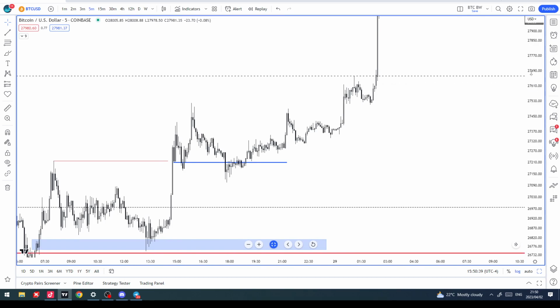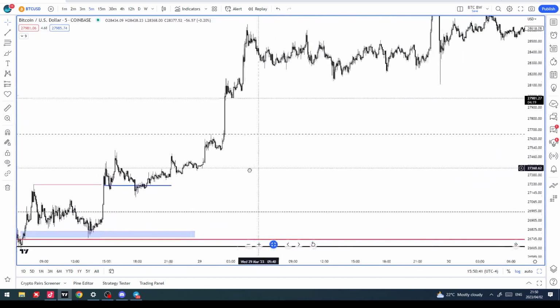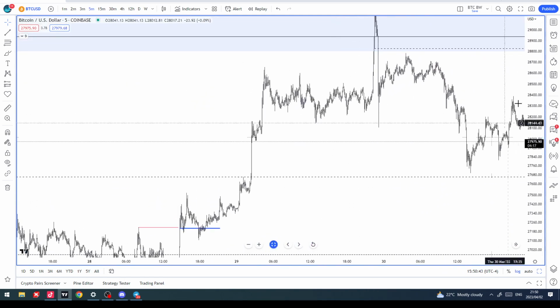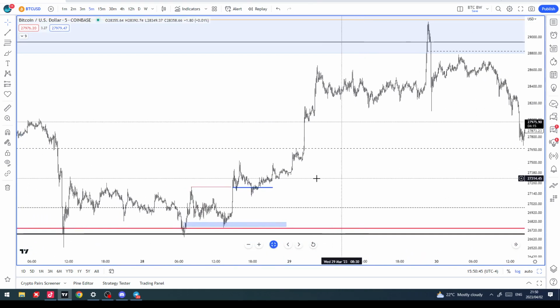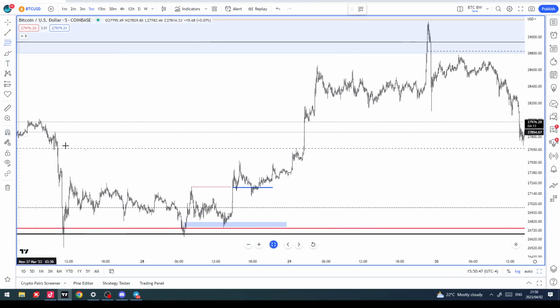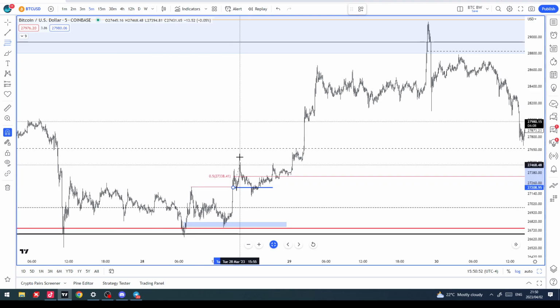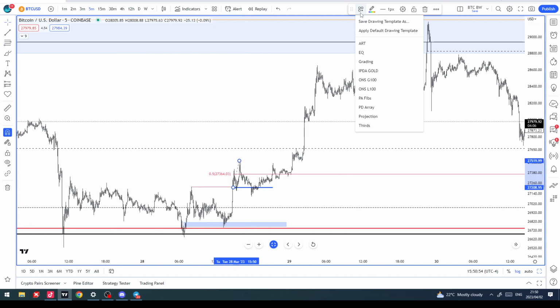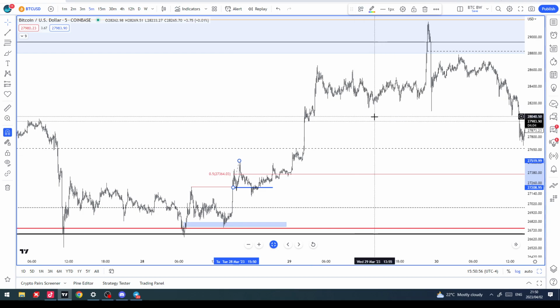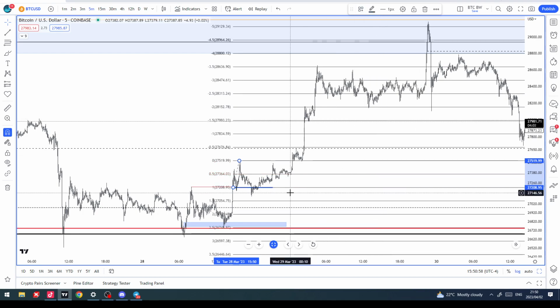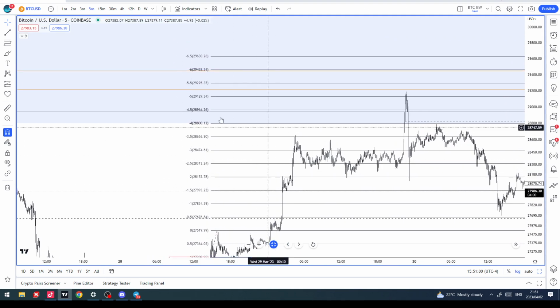Now, let's look at something here and see if we can get something going. If that was the start of the new delivery, and if it's a range, then maybe I can project it upward. Let's try something. What do we see happening up here?